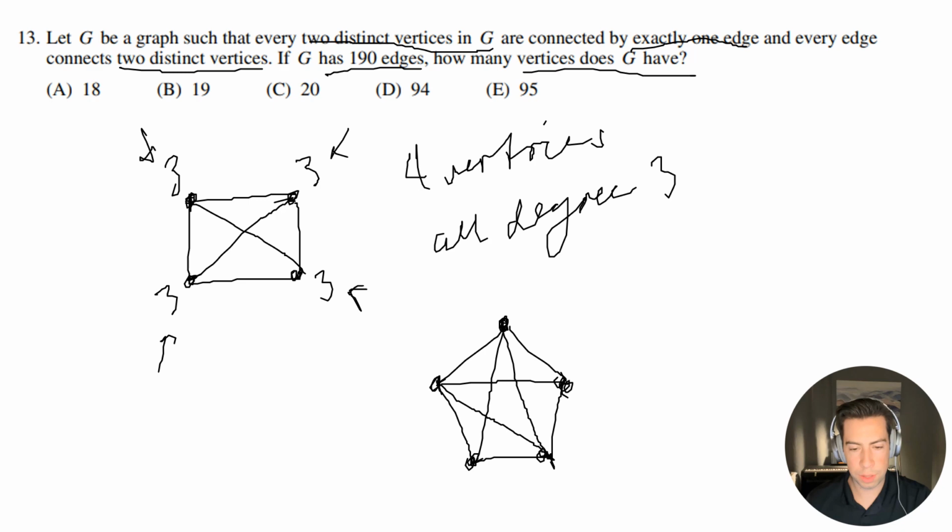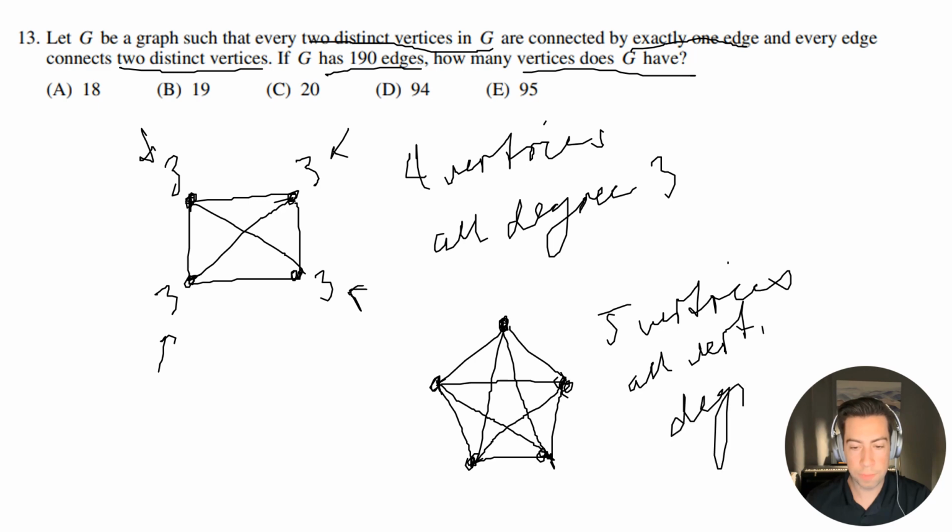Let me make sure that I get all of them. I believe that is everything. My prediction is that if I have 5 vertices, all vertices should have degree 4.